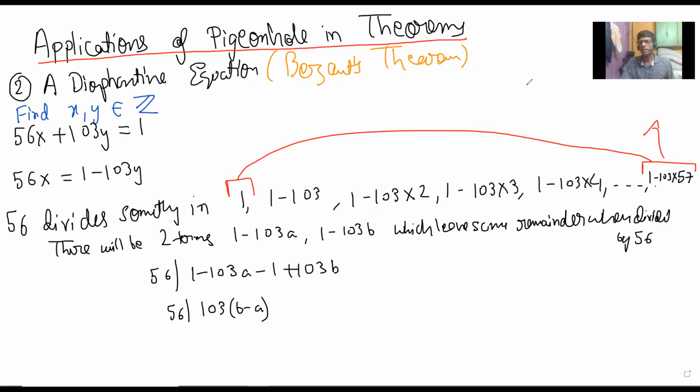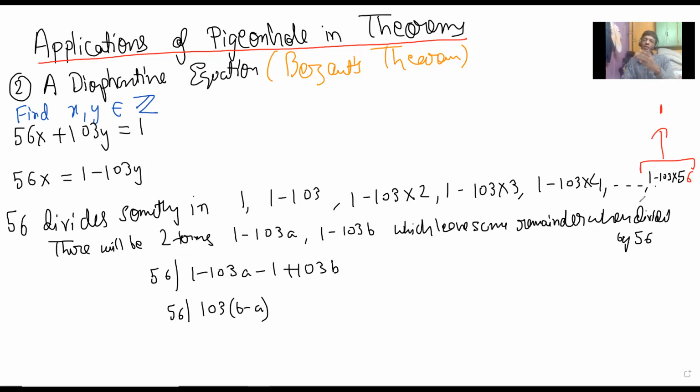Because you can write this as 1 minus 103 times... oh, no, sorry, that's wrong. This times 56. This has the same remainder, right? Maybe this has the remainder 1 when divided by 56. So this kind of term is useless. It doesn't add anything to the picture.